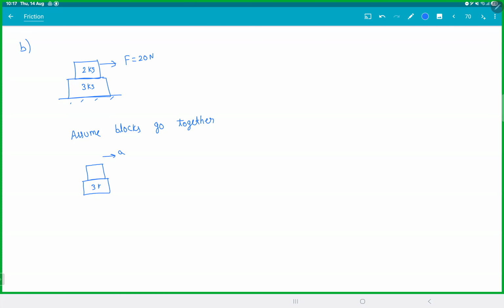Acceleration: F is equal to 20, so acceleration is 20 by 5, which is 4 meters per second square.